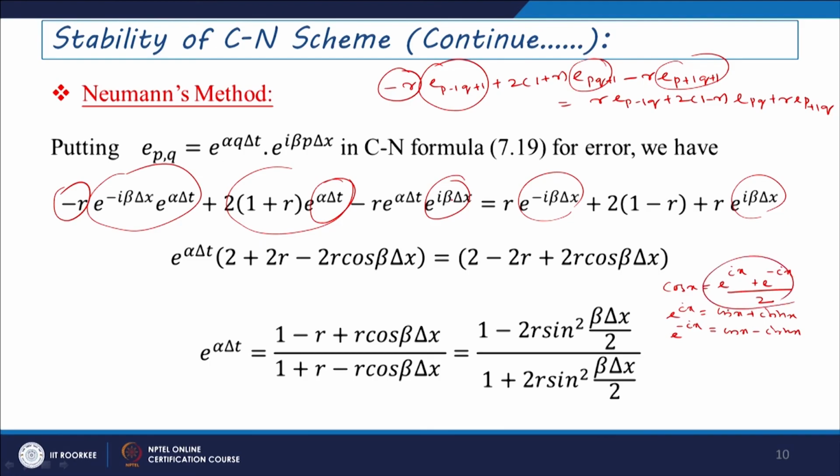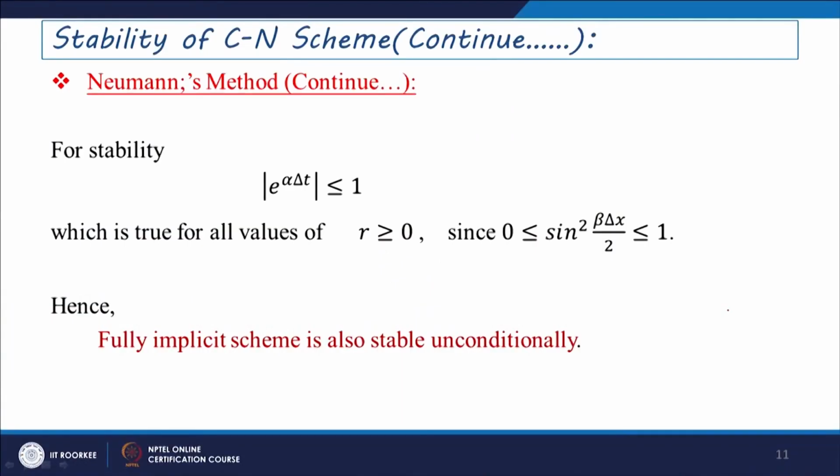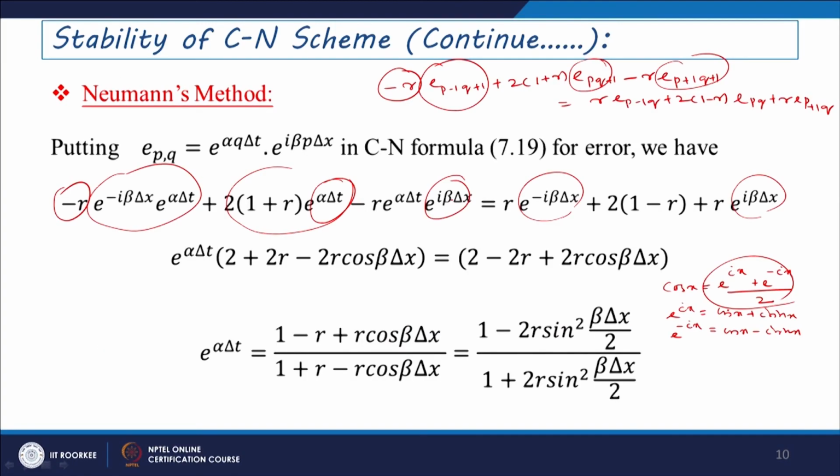If we go further with this Von Neumann's method, we can consider the stability condition, that is the modulus of e to the power alpha del t should be less than or equal to 1, which is true for all values of r greater than or equal to 0 here. Since we are considering e to the power alpha del t, that is nothing but the absolute value of this expression here.